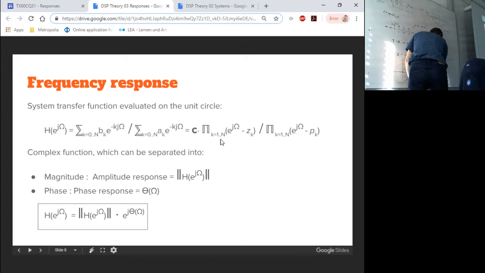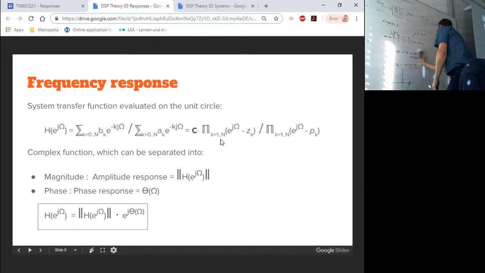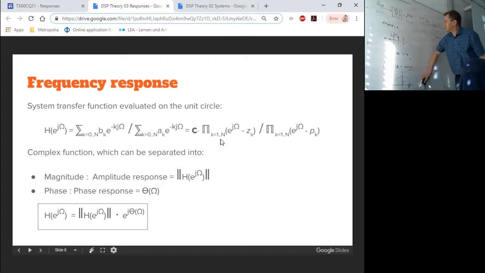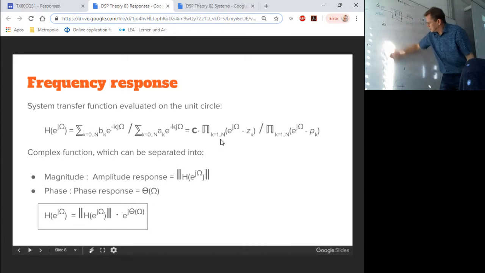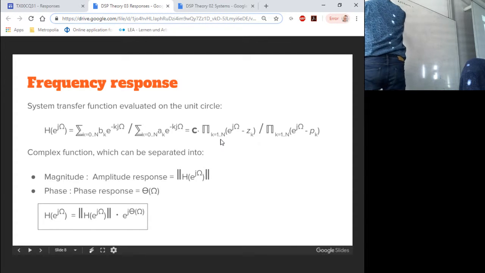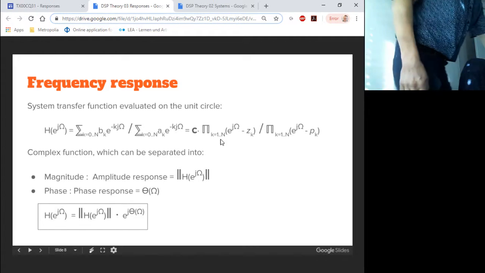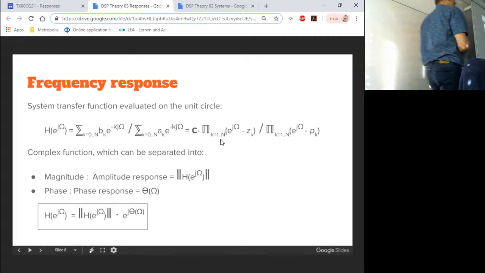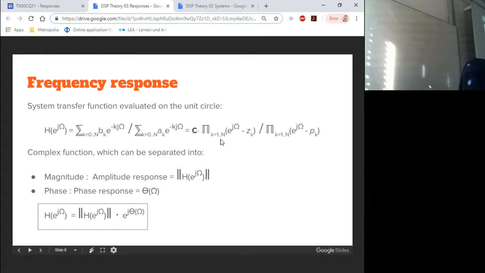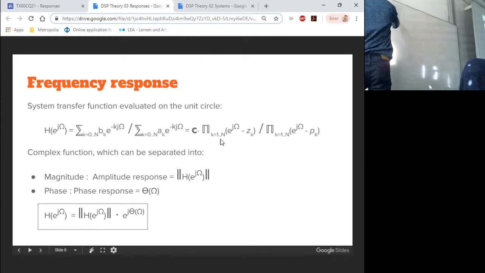More important for your case, at least, would be to actually know the frequency response of the system, since you will be filtering data or signals or audio signals. So I would guess it would also be nice to analyze your filter design to see if it works as it's supposed to work. And there we have the frequency response definition.